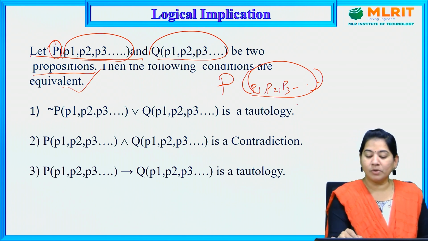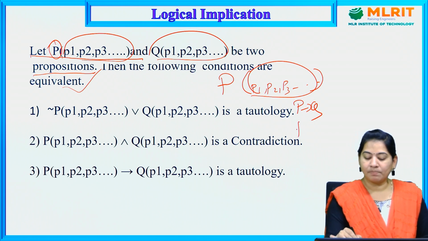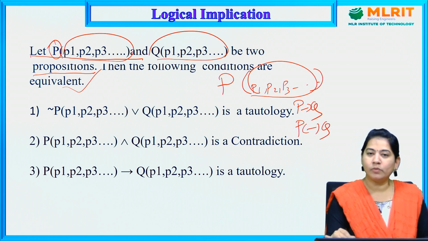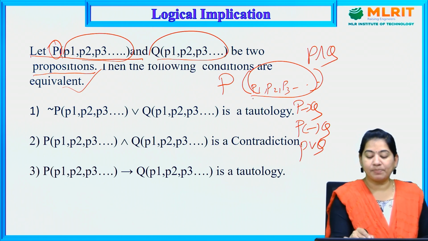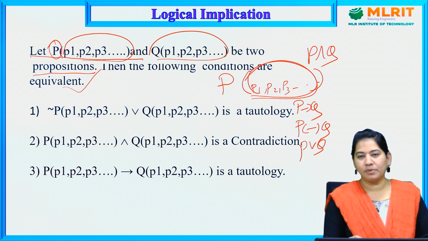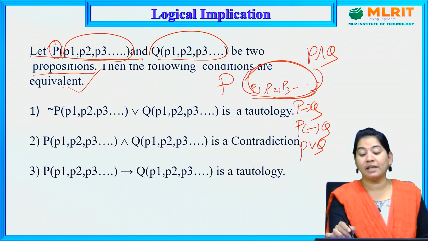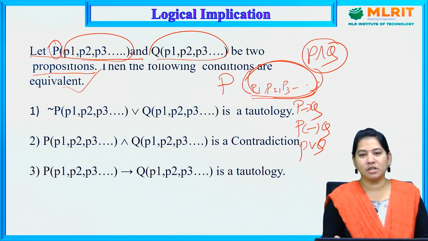That compound statement can be P implies Q, P or Q, or we can also write it as P and Q. These P1, P2, P3 are called variables, and you can include any number of variables in the form of compound statements.